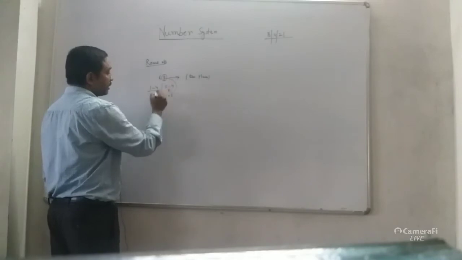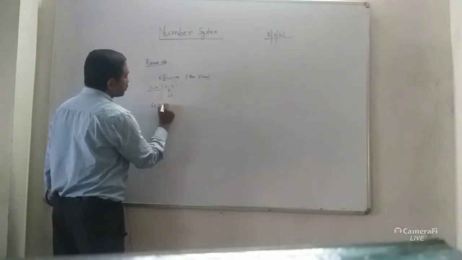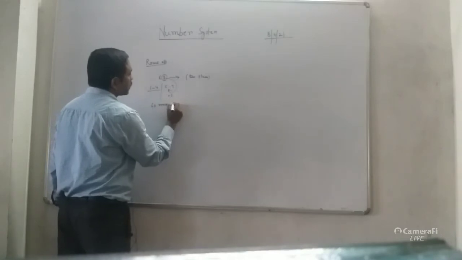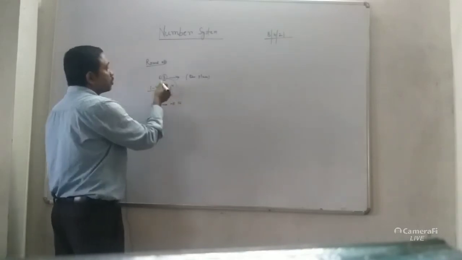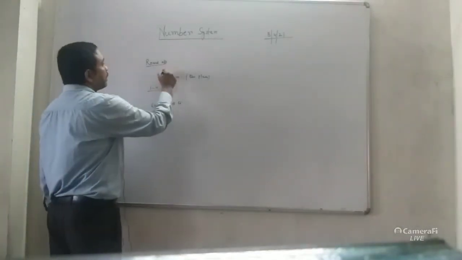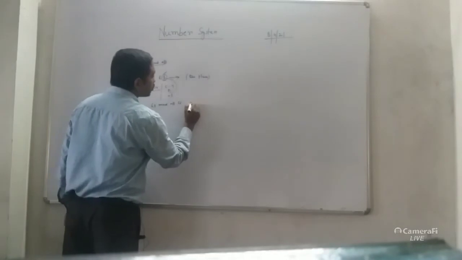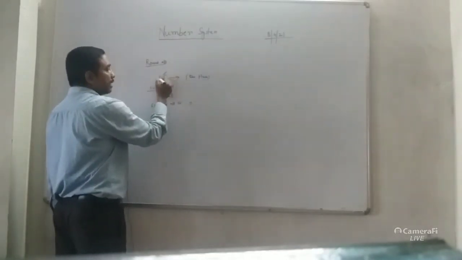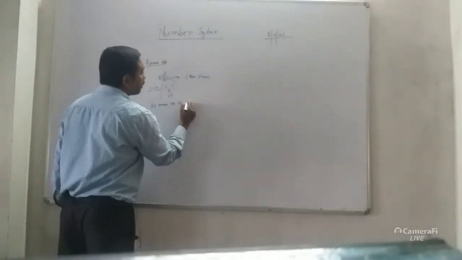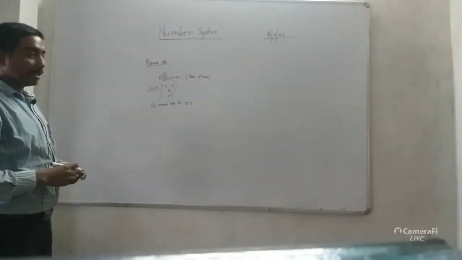So how do you write it now? 68 rounds up to... to which number do you add 1? This number changes to 0 and 6 added with 1 gives 7. So the number rounds up to 70.